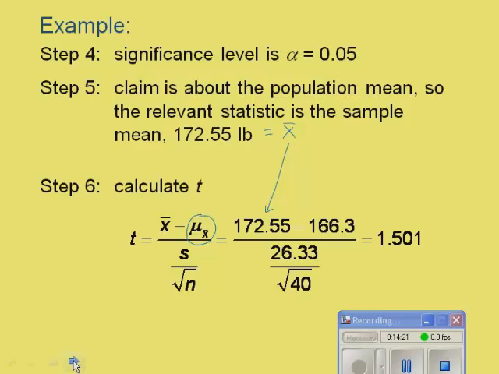Mu of X bar, the mean of the sample means. See that? So yeah, that's what they claimed that the mean was. Now let's see if this makes sense to you. If mu is 166.3, that will also be mu X bar.